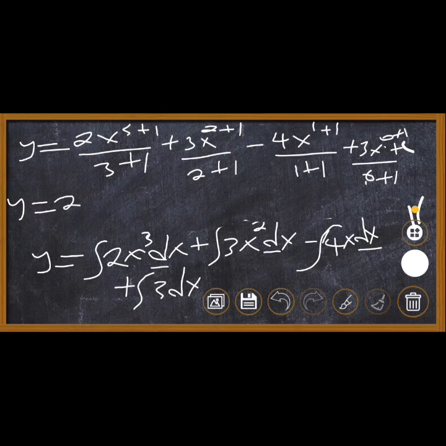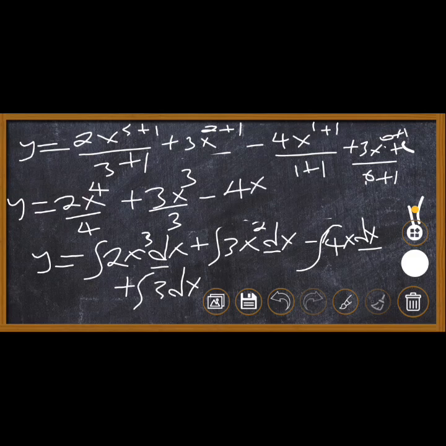Okay, so here we have x raised to power 3 plus 1, which is 4, over 3 plus 1 as the denominator, which is 4, then plus 3x. With 2 plus 1 as the power there, we have 3, divided by the same power, that is 3, then minus 4x.